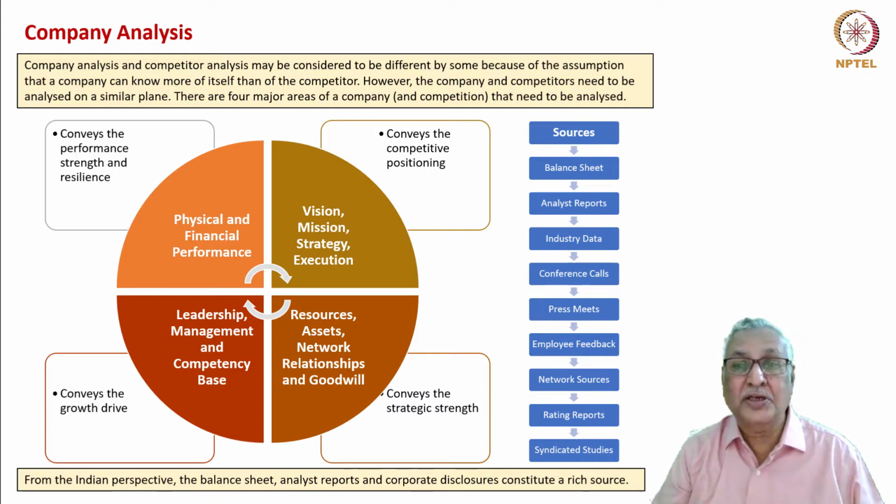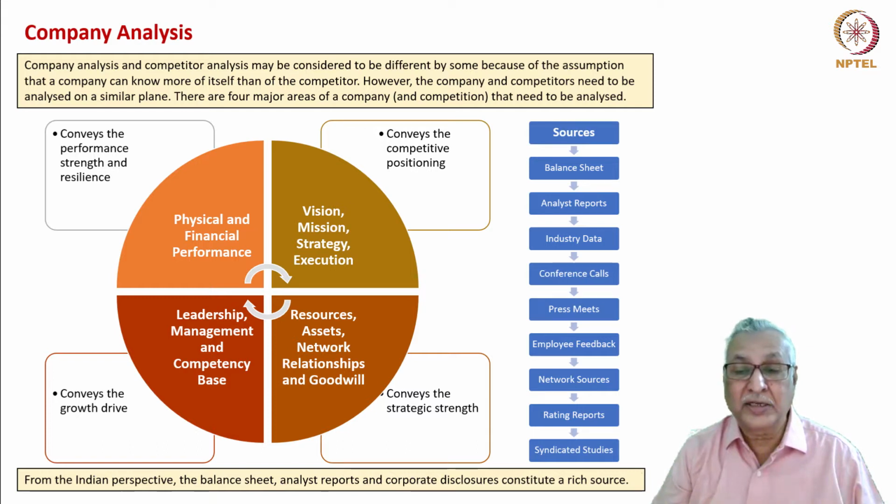There are four major areas of a company and competition that need to be analyzed. Fundamentally, we need to look at the physical and financial performance of both the company and its competitors. This conveys the performance strength and resilience. Secondly, we should analyze the vision, mission, strategy, and execution. This set conveys the competitive positioning of a company.